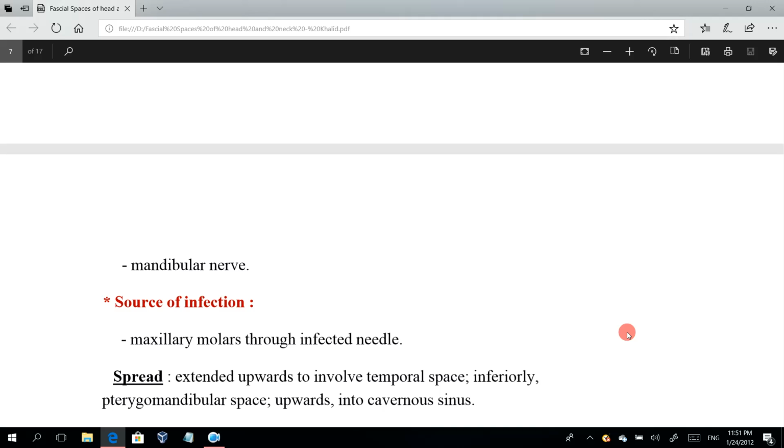Maxillary molars: if any problem with the maxillary molars, infection, root abscess, or something like this, and the problem is not treated early, the infection can reach the infratemporal fossa.